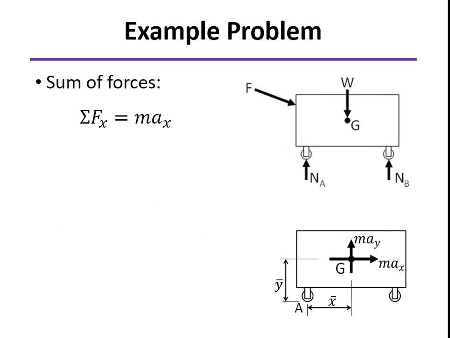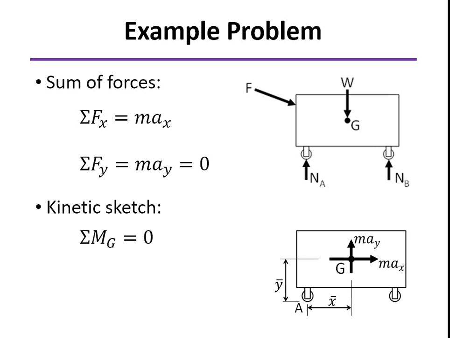So we sum forces, and when we go to sum the moments about the center of mass, we can set them equal to 0, because the only non-zero equivalent force you see on the kinetic sketch acts through point G.